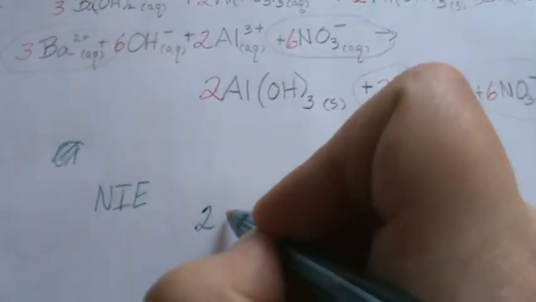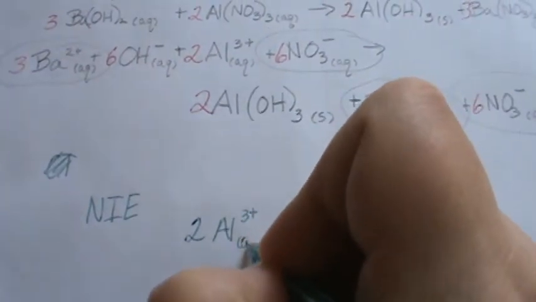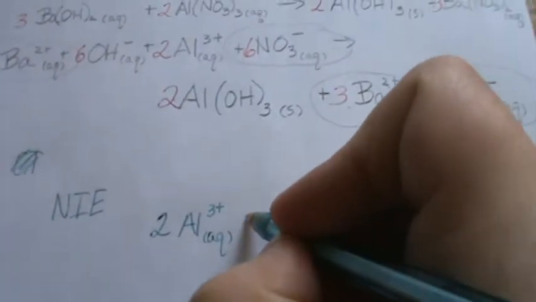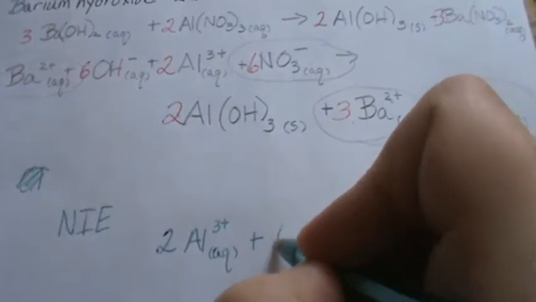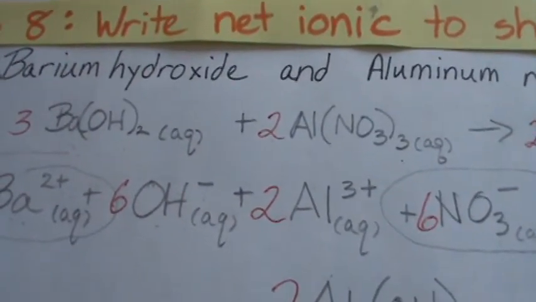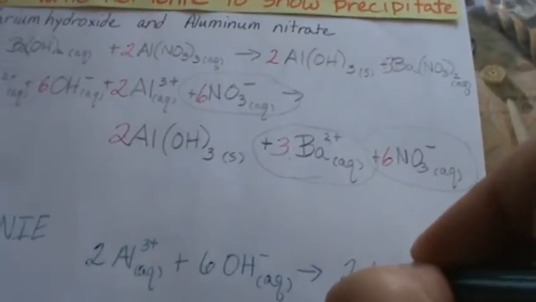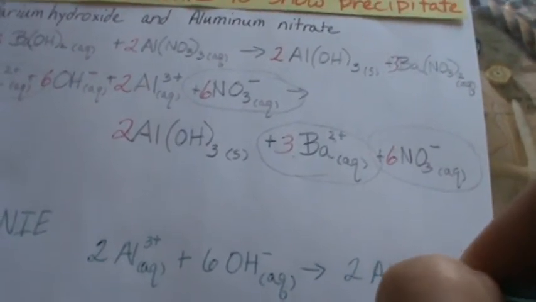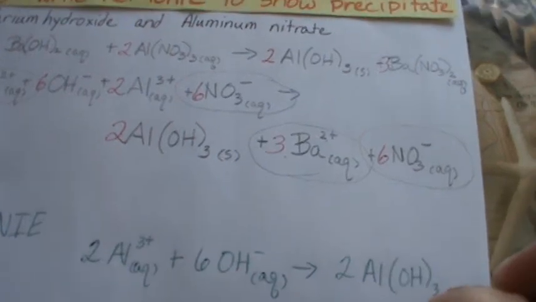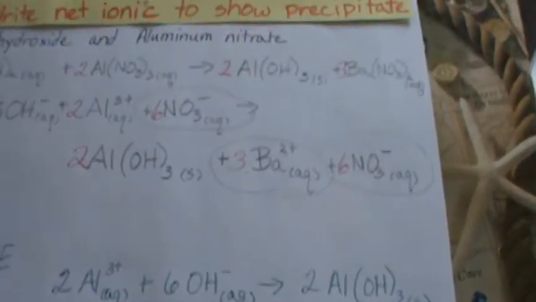So 2 aluminum ions plus 6 hydroxide ions, and that's just right there, is going to yield this 2 aluminum hydroxide solid. And that would be the net ionic equation for that.